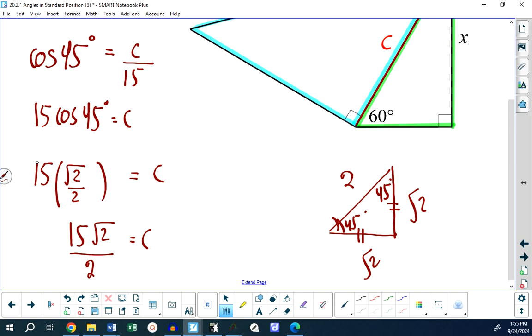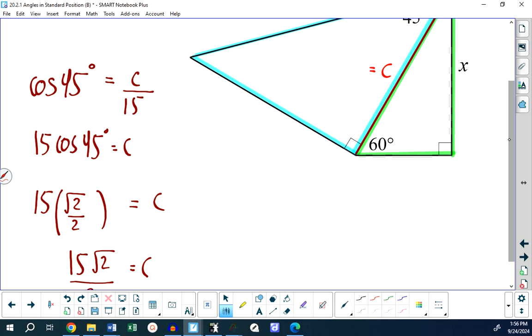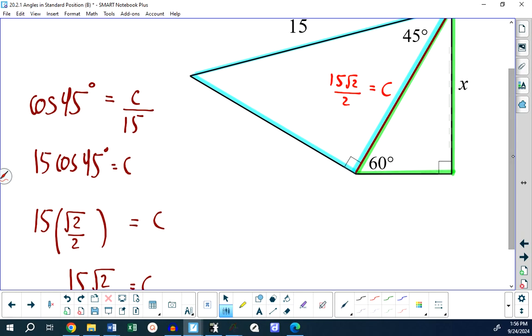And this is the difference, one of the differences maybe between Math 30-1 and Math 10. In Math 10, you'd find the decimal value and round it and say that's it. We want an exact value. Now what that means is that this, I can even put it up here. This is 15 root 2 over 2. So now let's focus our attention on the green triangle. The 60 degrees is what we look at to determine opposite, adjacent, and all of that.